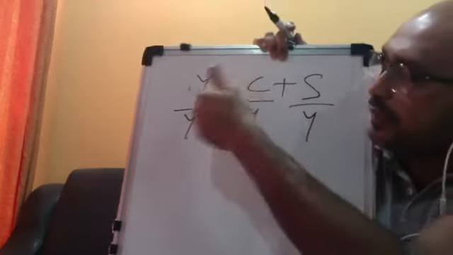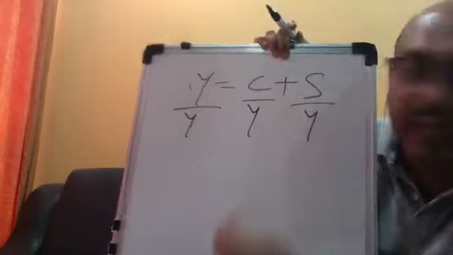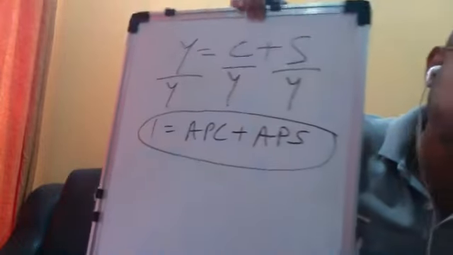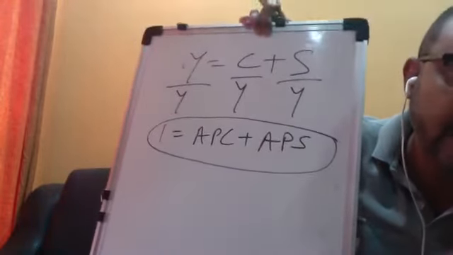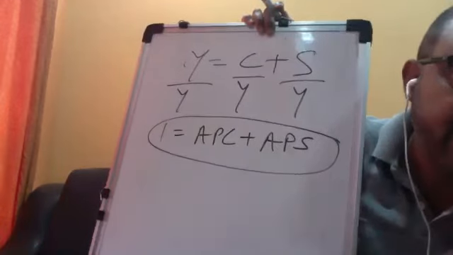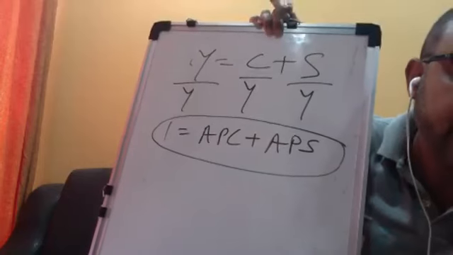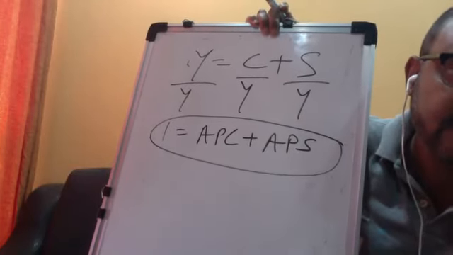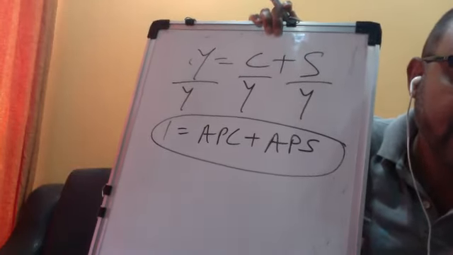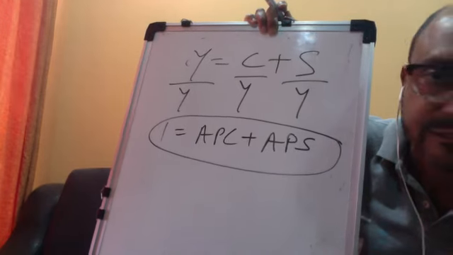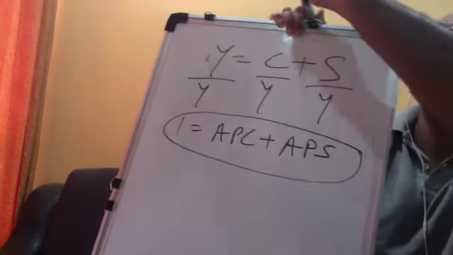So I am dividing both sides by Y, and I am getting 1 equals APC plus APS. So we learned two things today. One, the first expression MPC plus MPS equals 1, and the second expression APC plus APS equals 1.